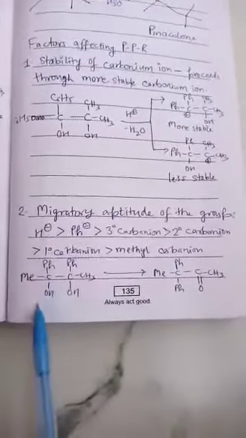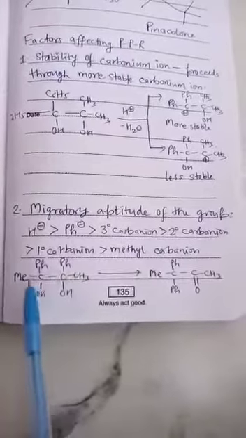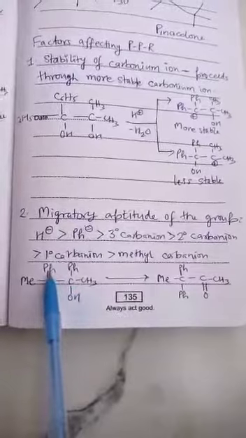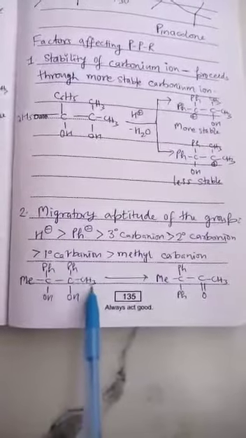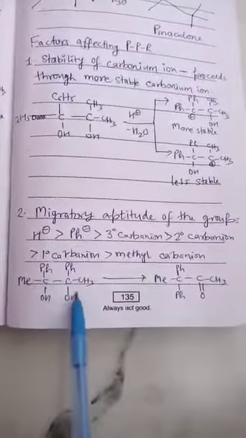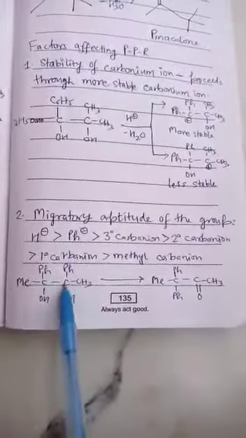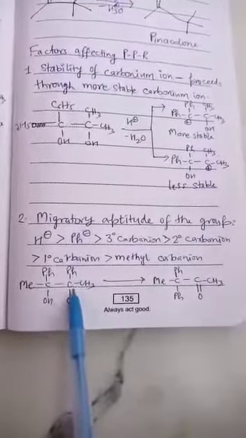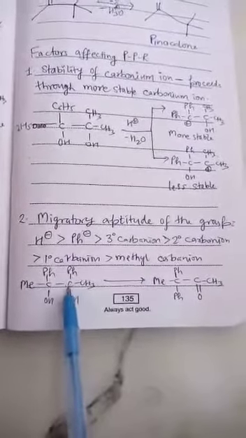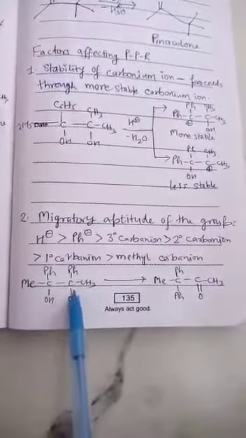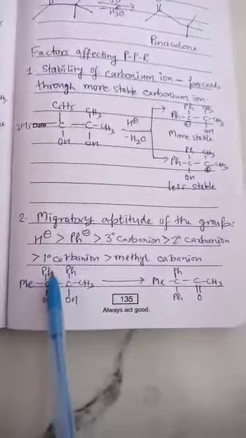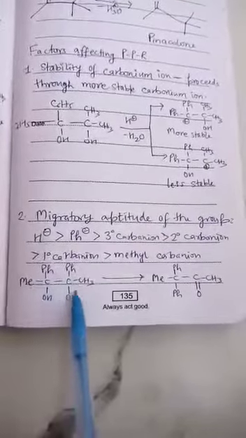Now take an example. You see here two carbons, both are equivalent because in this carbon one substituent is Ph and another is CH3, Ph CH3. So after attack, what will be the product? Both carbons are the same, so the carbonium ion will be the same. Suppose positive charge is created here, any one, after removal of water. So there are two groups which can migrate from here to here.